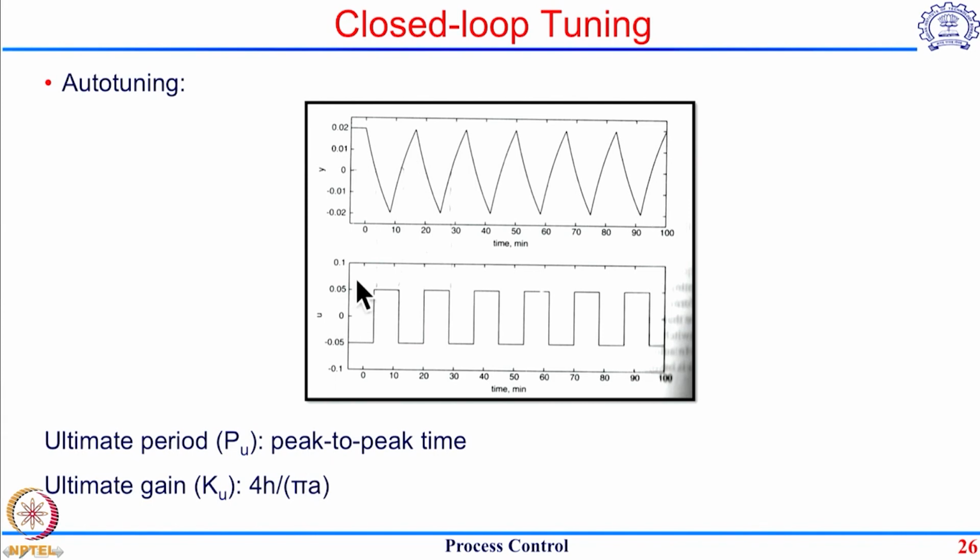The pi comes in here because this is not a completely sinusoidal response, but this is still related to the gain between input and output. So using the auto tuning method also you can get PU and KU.